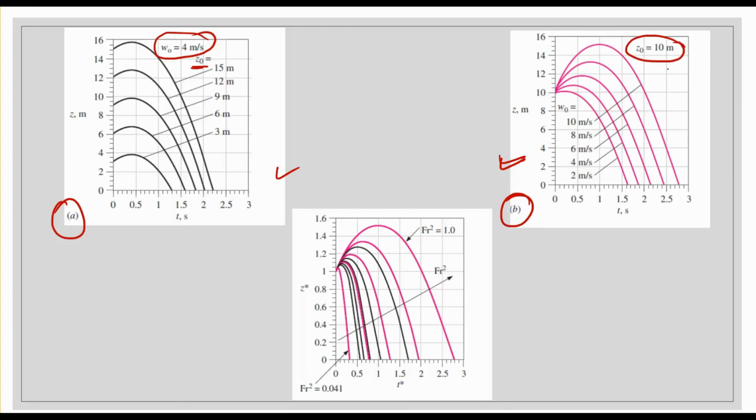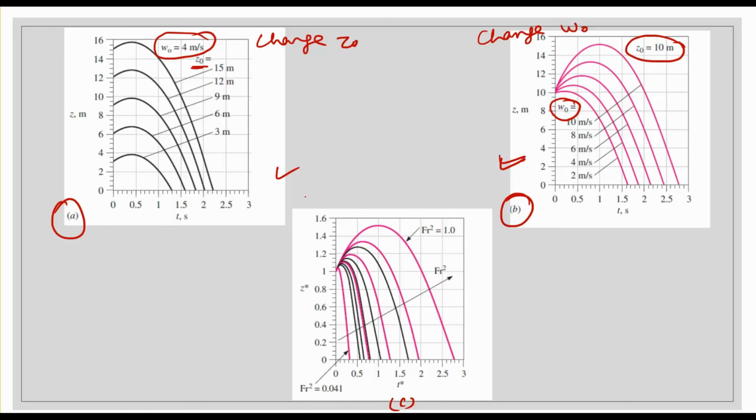So we need two different figures to see what will happen if we fix omega naught and change z naught. Here we change z naught, here we are changing omega naught. But figure C is for the non-dimensionalized equation of motion. Here we can easily see all the changes in one figure only. Here we need only one figure.